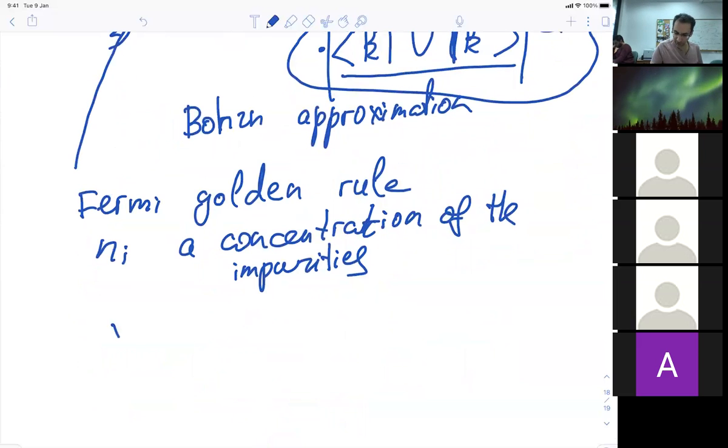So we need to compute W, K to K prime. This is the transition probability.